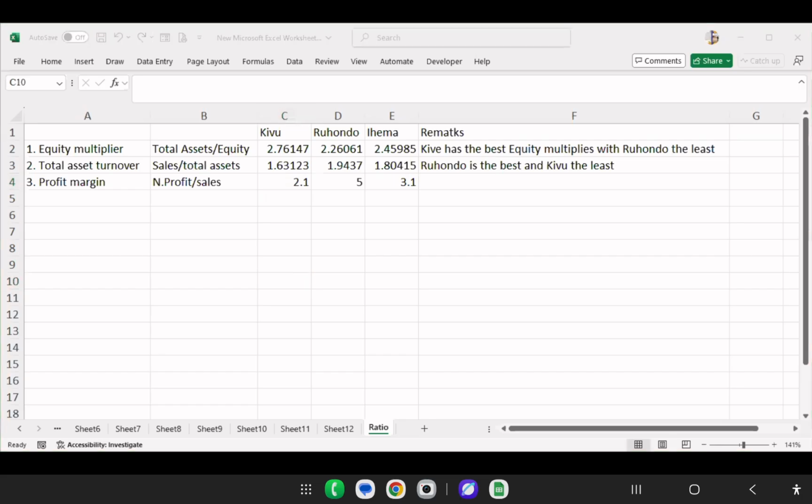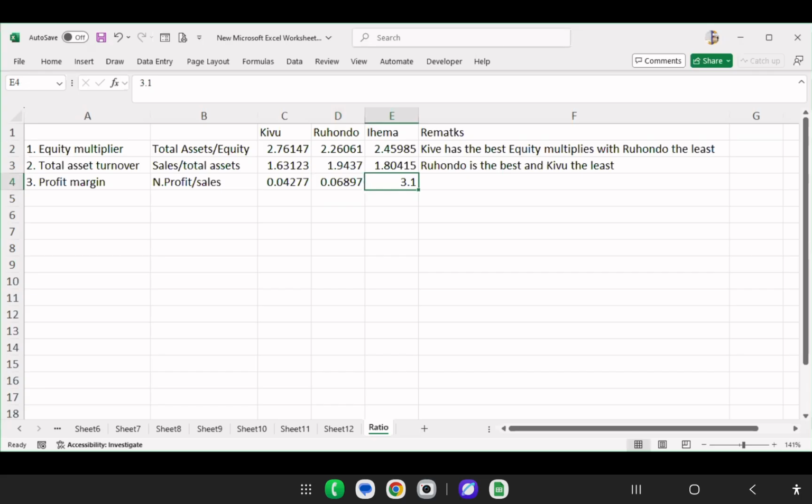The sales 49.1. The second one equals, the sales in the second one is 72.5.